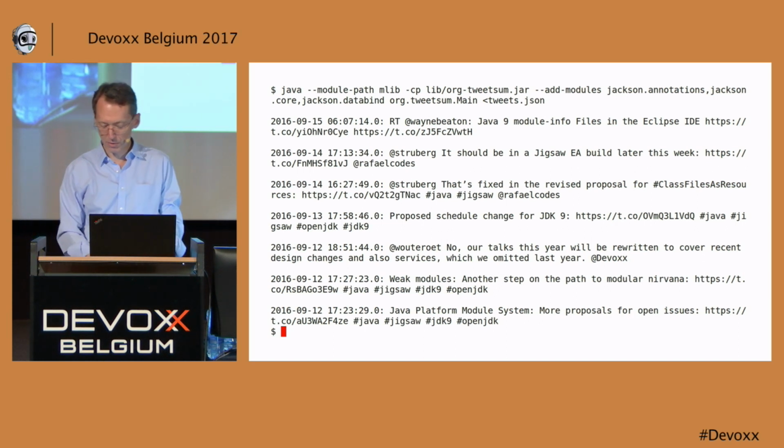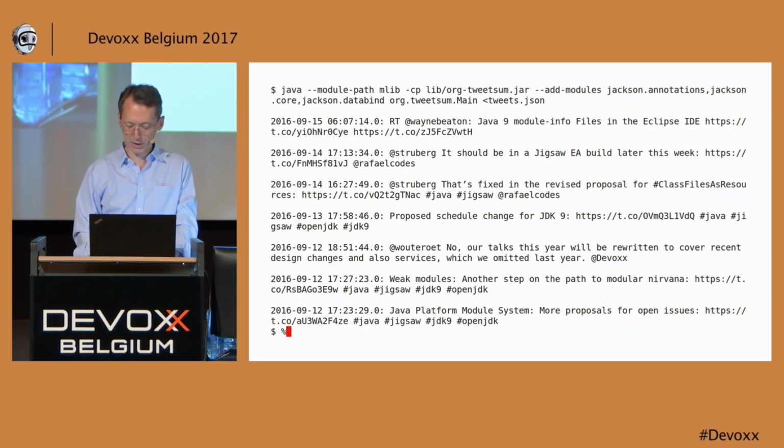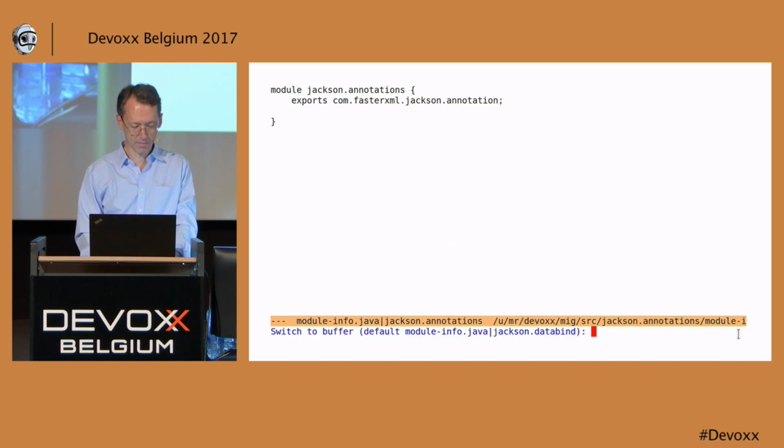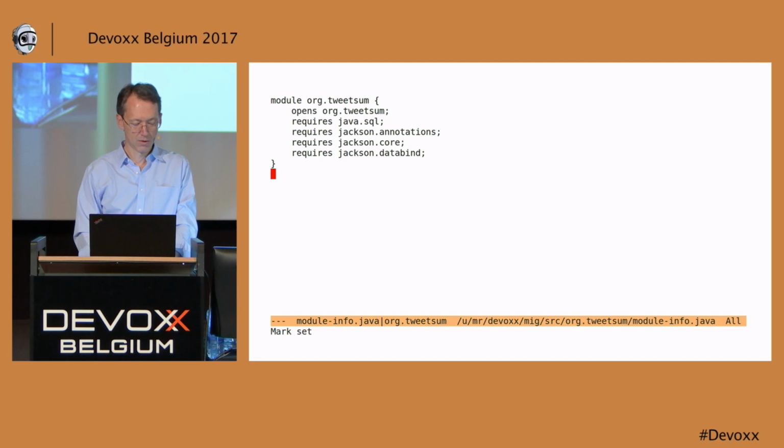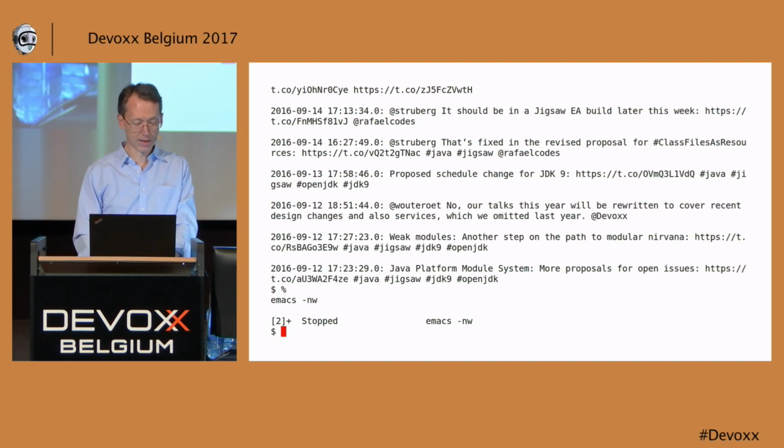So now to finish up, let's go back to the TweetSome source code. We'll put that module-info.java back in. We'll recompile TweetSome.